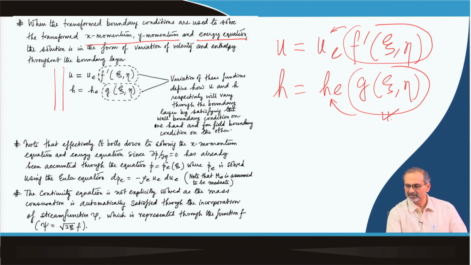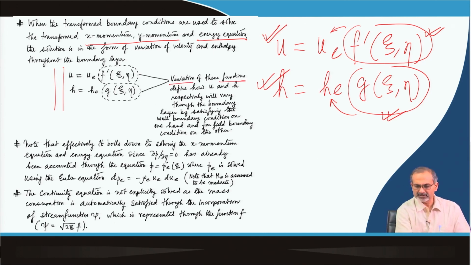So, how these functions change through the boundary layer will finally decide how the velocity or how the enthalpy changes. So, variation of these functions defines how u and h respectively vary through the boundary layer. Of course, on one hand satisfying the wall boundary condition, and on the other satisfying the far field boundary condition.